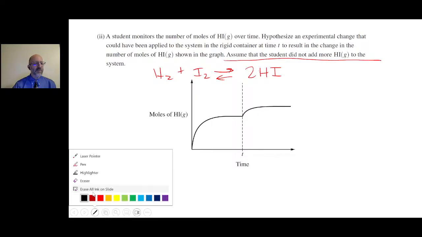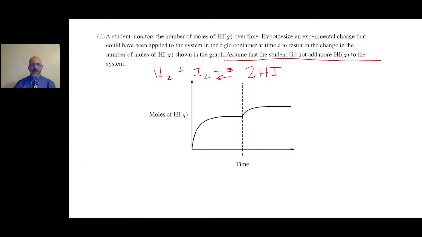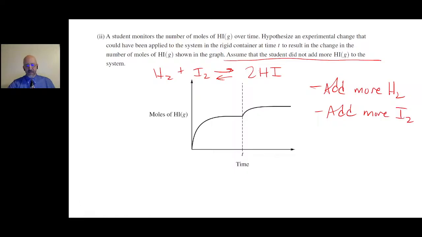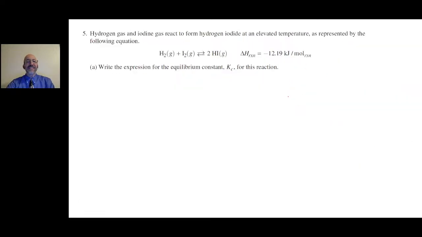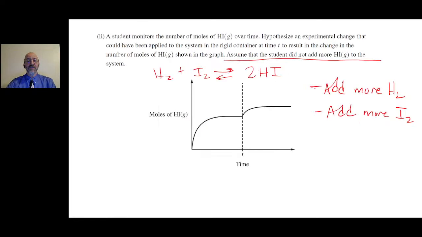So one possibility would be, you could add more hydrogen. Another possibility is you could add more iodine. And they did give us that it was an exothermic reaction with a negative delta H. So what you could have done is decrease the temperature.